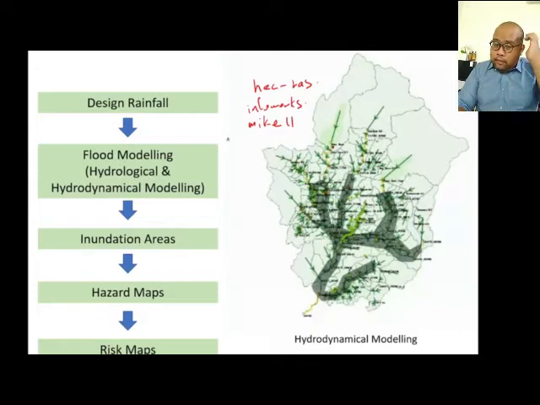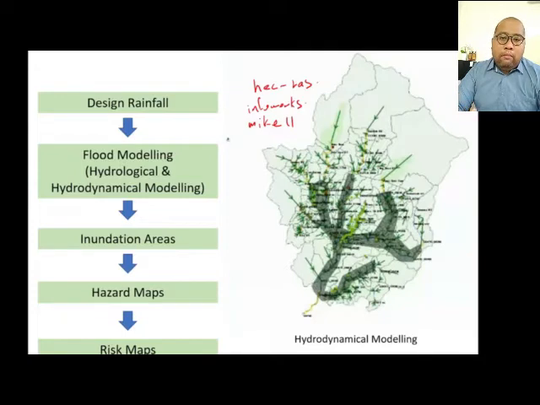In some cases, for the hydrological modeling, some use the rational method. Okay, probably you can use Excel to simulate the hydrological modeling. So we have a few methods that you can directly calculate, such as the rational method. We have the time series method.